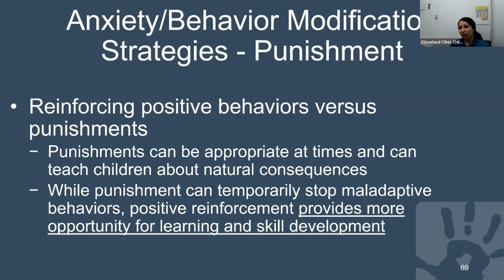"Oh, I love how you use your words to tell me that you were mad." A lot of times that then promotes some learning in the kid's head of, oh, so the more I did this, aka use my words, the happier my mom was, and the more I didn't get in trouble. So research has just found that positive reinforcement tends to be more beneficial.